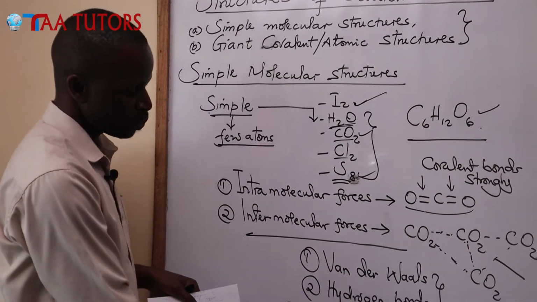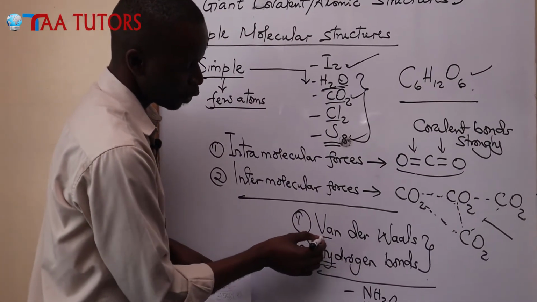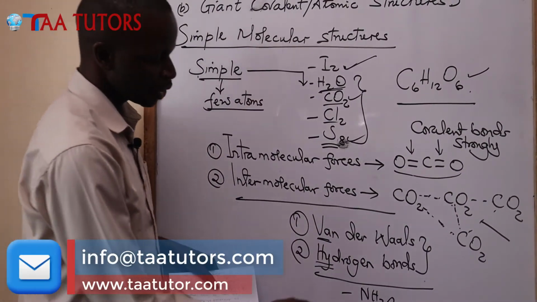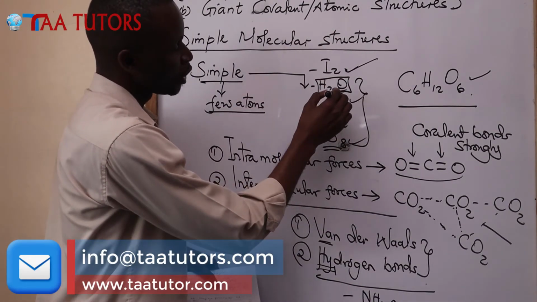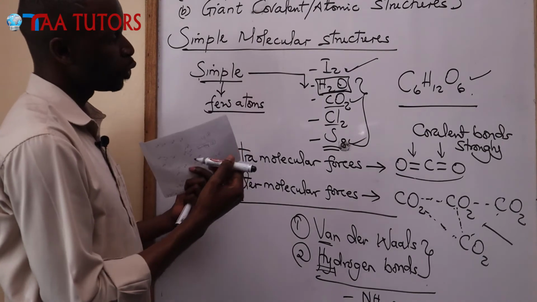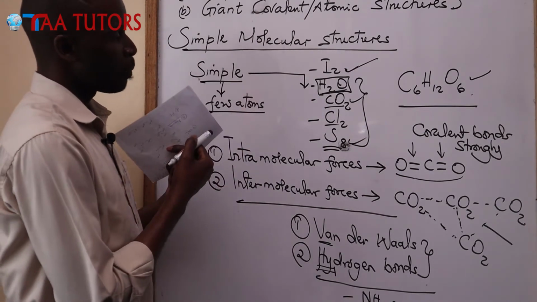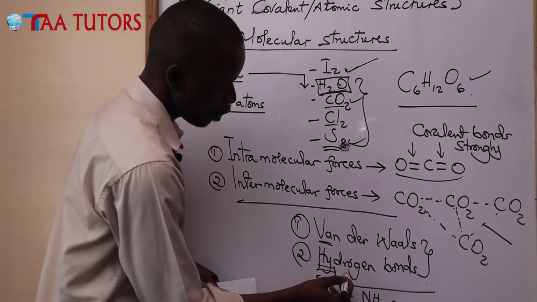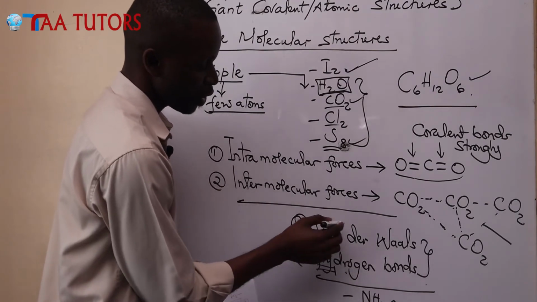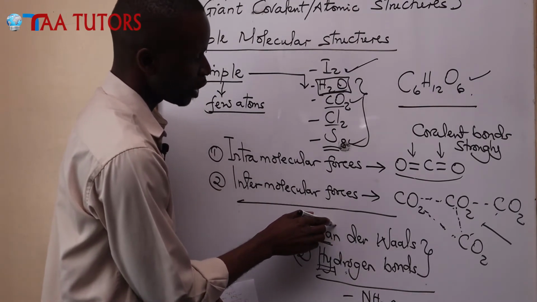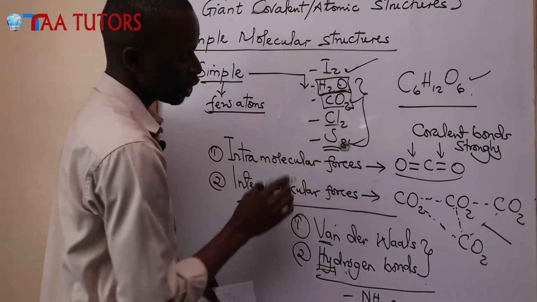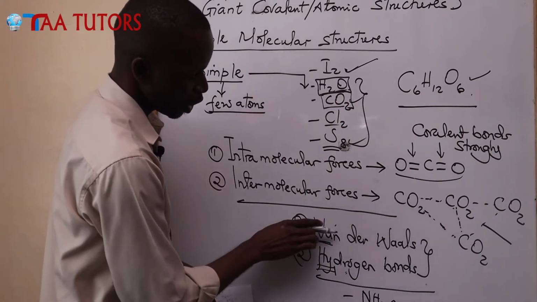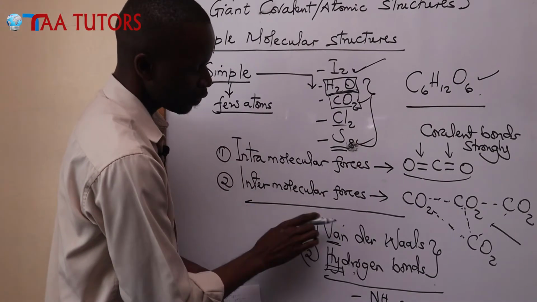One, hydrogen bond is known to be very strong compared to weak van der Waals forces. So water, with strong hydrogen bonds, has its molecules pulled much closer to each other. We expect carbon dioxide with van der Waals forces to be a gas, but water with hydrogen bonds is a liquid due to the variation in the strength of these bonds.